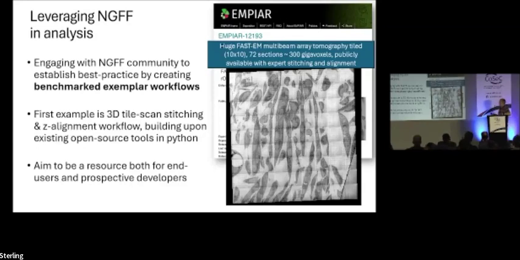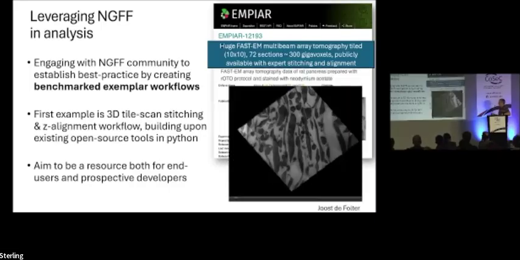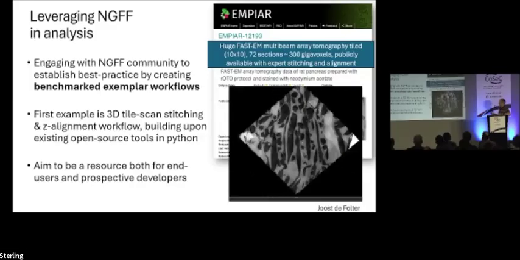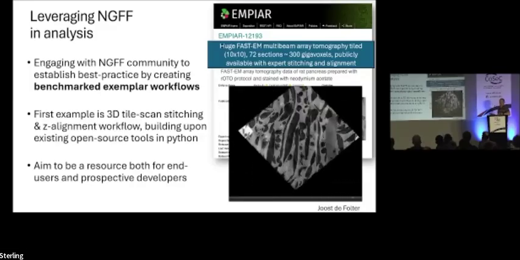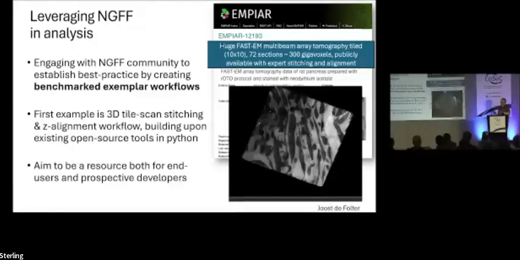And our colleague Joost has been working on using the OME NGFF or OME-Zarr format, along with latest parallel processing libraries like Dask, to stitch these things together in a way that is essentially impossible at the moment. People do this manually and it takes a really long time.